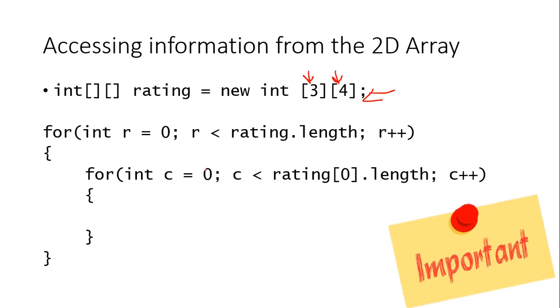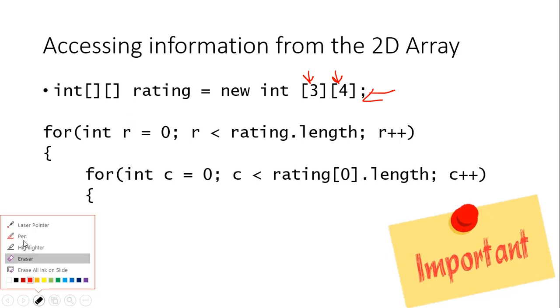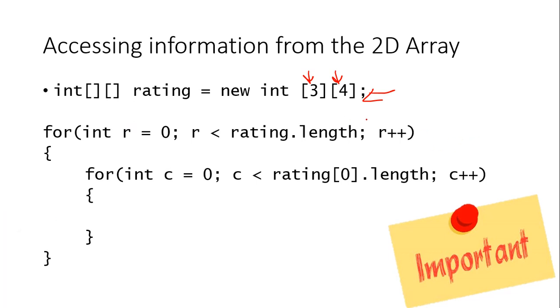I'm having to go through every row, and then in each row, I have to go through each column. Okay? That's why I have multiple things going on here. So this is going to count how many rows, because again, remember, we talked about this. The dot length tells you how many rows you got.